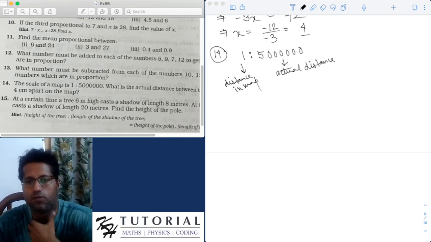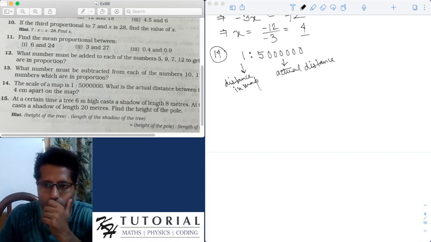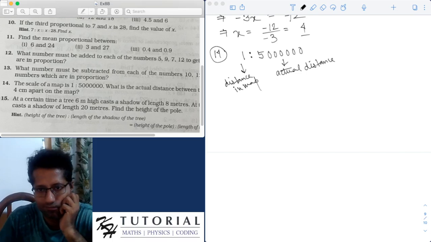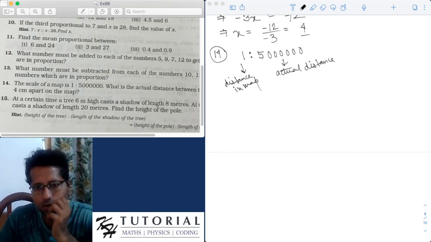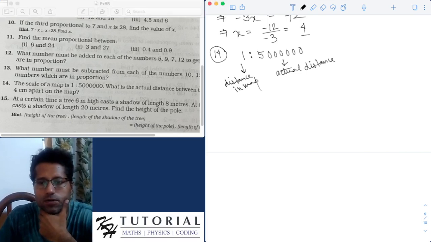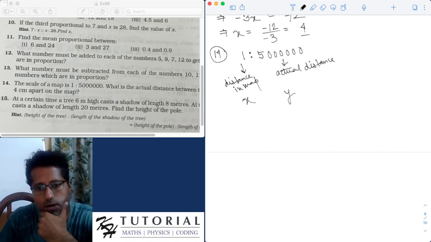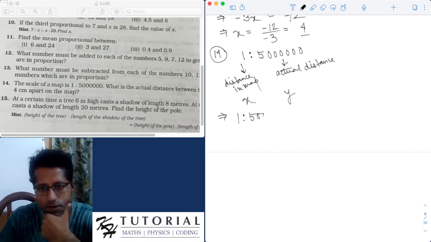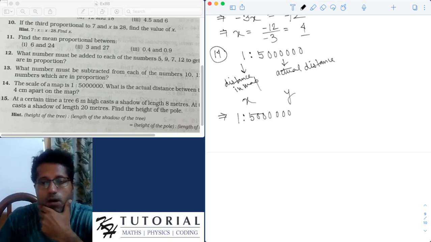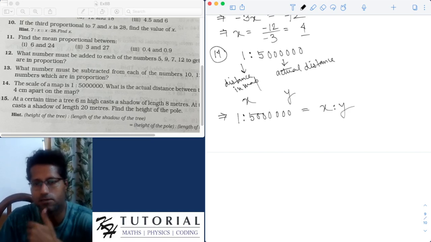Now we have to realize one thing: between any two cities, if the actual distance is Y, and the corresponding distance in the map is X, it should mean that 1:2 this very big number should be equal to X:Y.